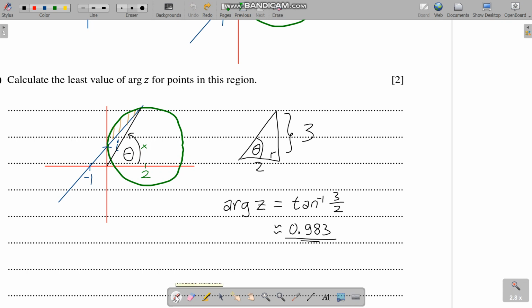So to find theta, we just look at this length here, because we know the radius is 2, and this center is, so this is 1 unit here, which means if you draw this triangle here, this is 3 and this is 2, and so theta is the inverse tangent of 3/2.